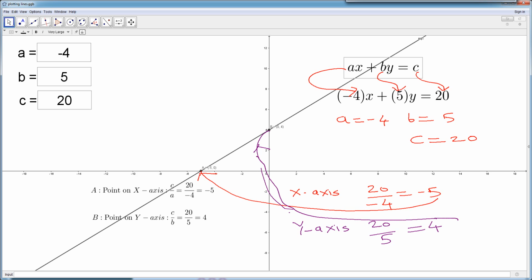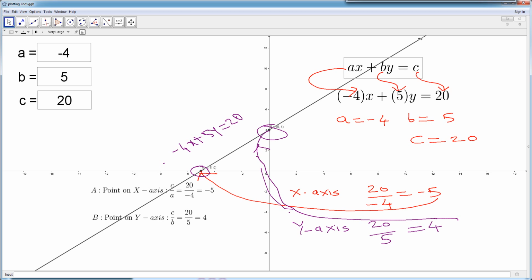Okay, so -5 and 4, we join these 2 points, and thus we obtain this straight line, and its equation is -4x plus 5y is equal to 20.